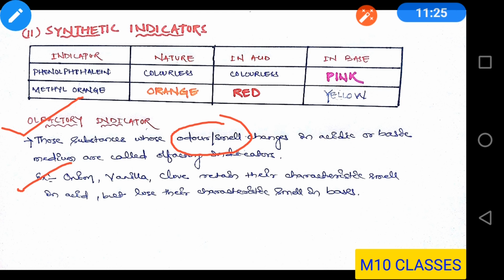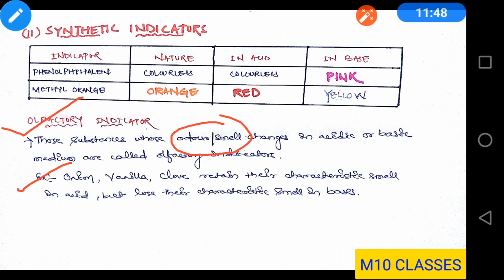They have their characteristic smell, but when you add acid to them, they do not lose their characteristic smell, but whenever you apply base over them, they lose their characteristic smell. So as the smell changes in case of base, it is known as an olfactory indicator.